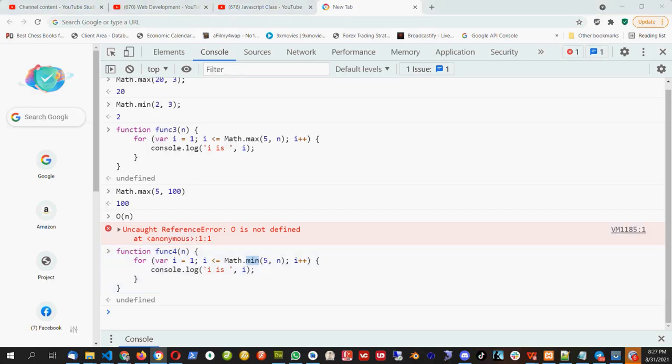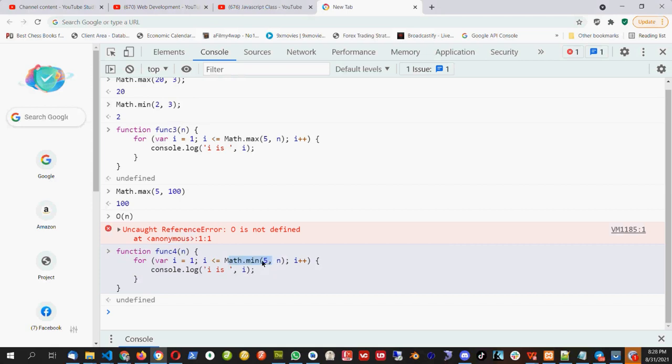Sonu is saying O(1). Only Ola is saying O(n). That means he still has to understand what O(n) is. When I say math.min, min means whichever of these two is smaller will be taken into consideration, and the bigger will not. So if I pass n as 1 million, this will still go only 5 times, because we have to choose the minimum of the two numbers.